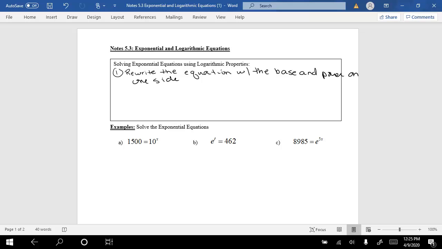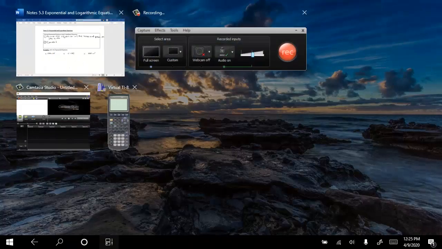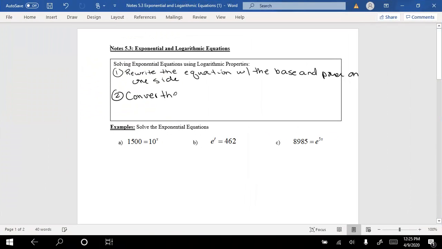Step 1, rewrite the equation with the base and power on one side. Number 2, we're going to convert the exponential to a logarithm. So take it from exponential form to logarithmic form.